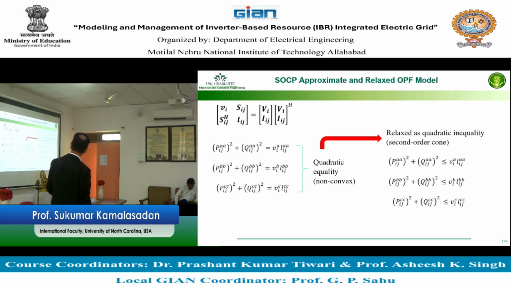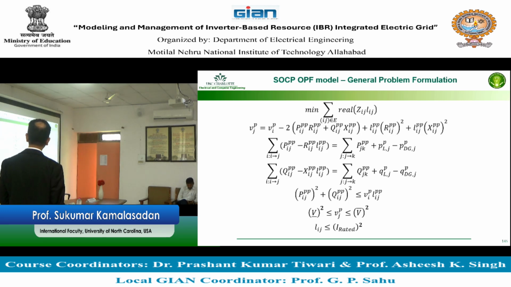If you look at this, it is non-convex. You agree with that? Because you have a square term, right? But you put that in the form of this inequality, and then it relaxes into the form of a cone. So that is basically the cone function.